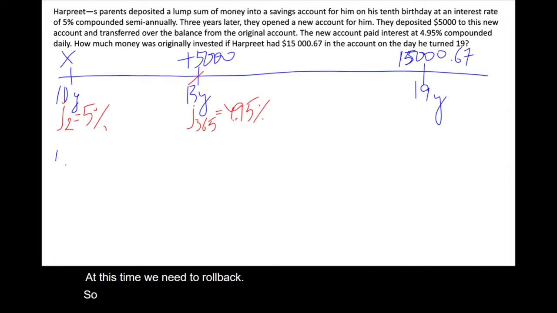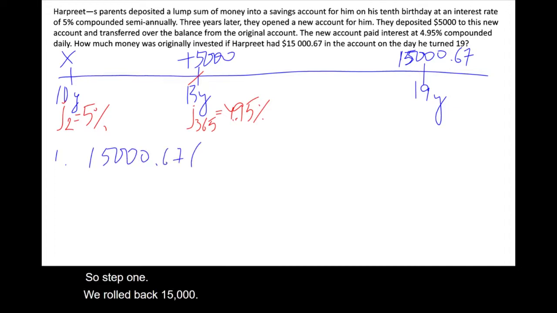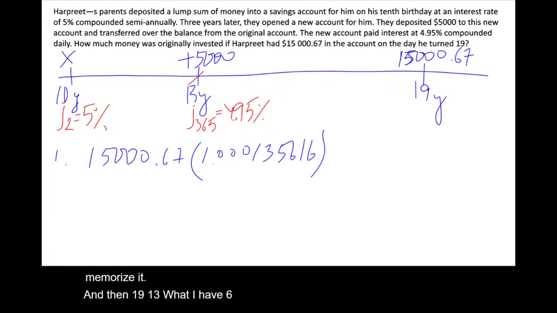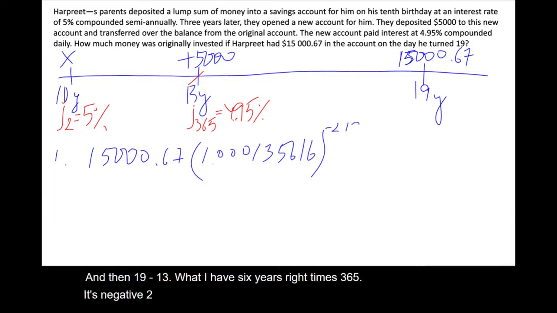So step 1, we roll back 15,067. The daily factor is 1.0001356164, so we memorize it. And then 19 minus 13 is 6 years, times 365, negative 2,190.